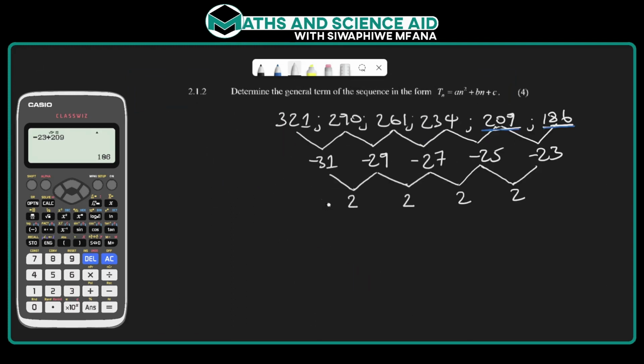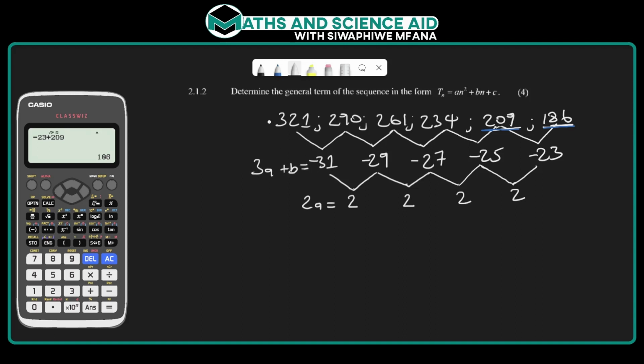And now for a quadratic sequence, we know that the constant difference is always equal to 2a, and the first term in the second difference here is always given by 3a plus b.